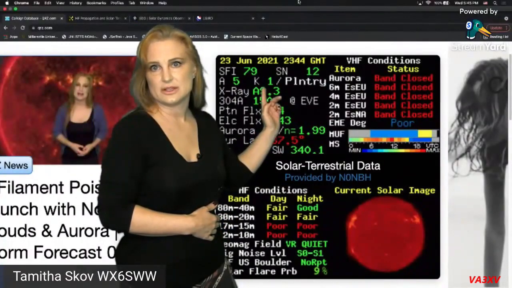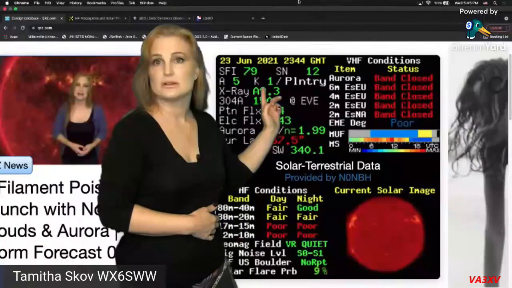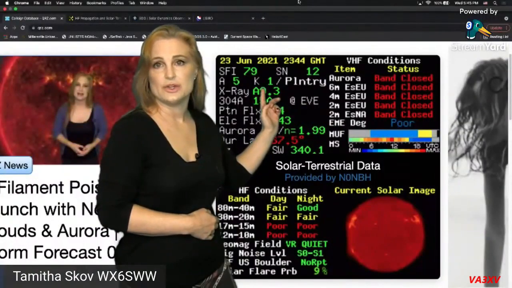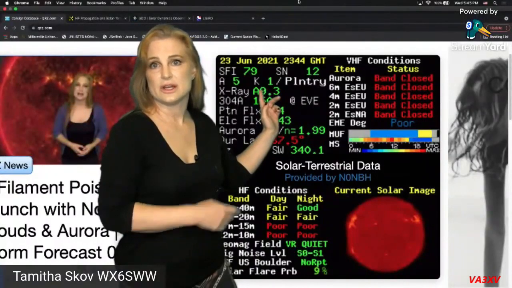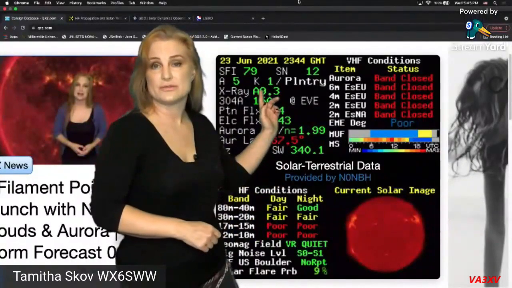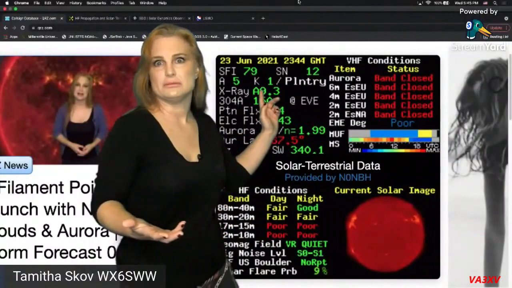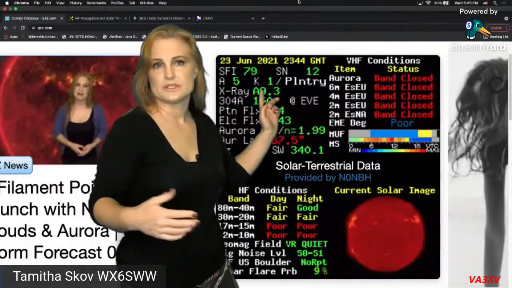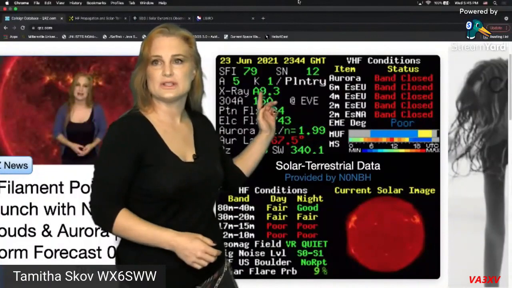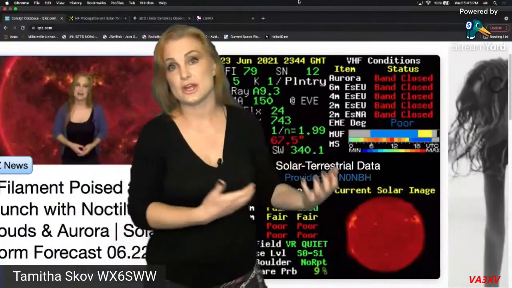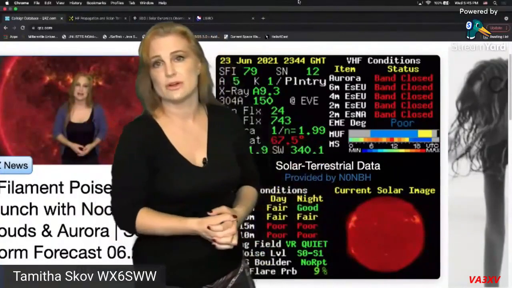The best thing to do, if you're going to look at K indices, is look at a local magnetometer around your area. You can have a local K index of 7, and the planetary index, which is averaged all around the mid-latitudes of the globe, will be 3 or 4. So it doesn't necessarily tell you exactly what the conditions are in your local area.